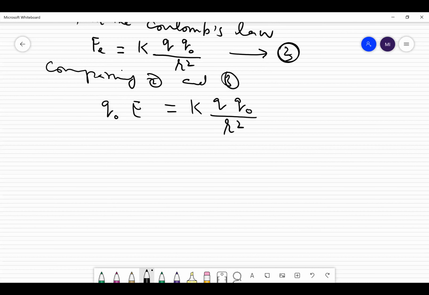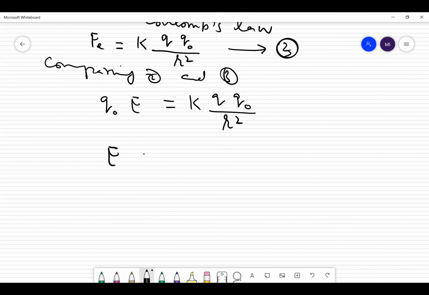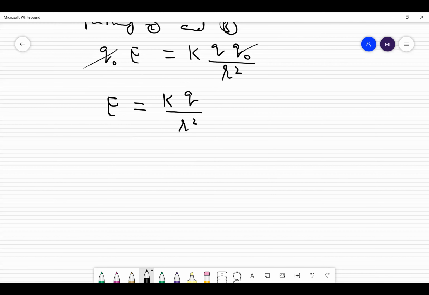What does this mean? The Q naught and Q naught get cancelled, and you have the electric field intensity E equal to K Q by R square, where K is equal to 1 over 4 pi epsilon naught, so E equals 1 over 4 pi epsilon naught times Q by R square.